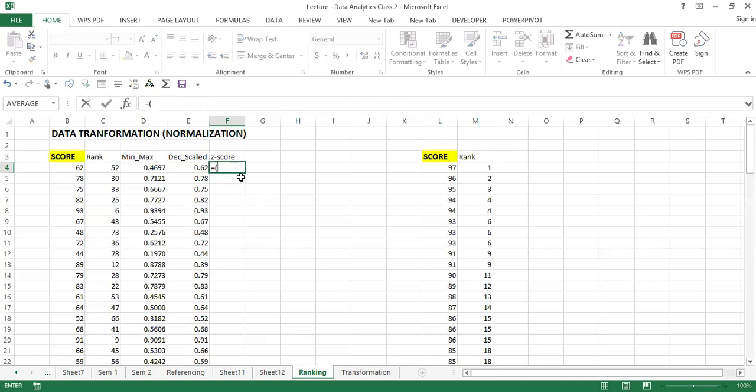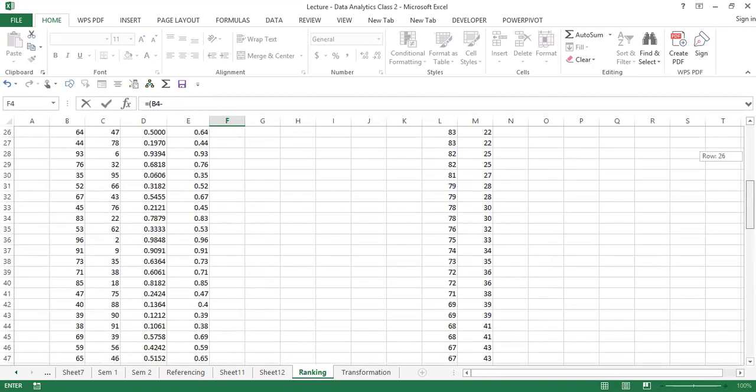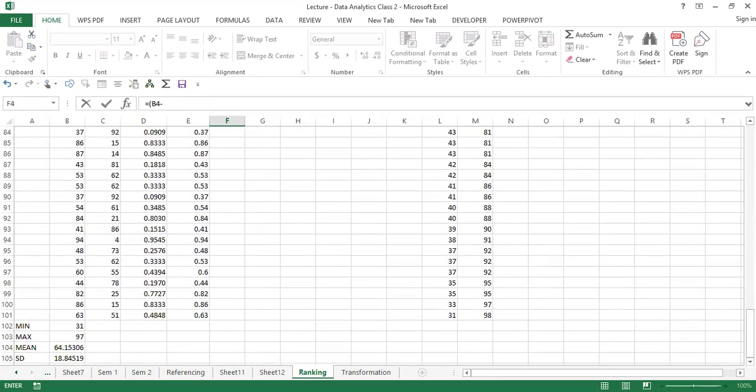Z-score is x minus the mean. When we do z-score, what value range are you expecting? Minus the mean divided by what? Standard deviation. What range of value are you expecting?